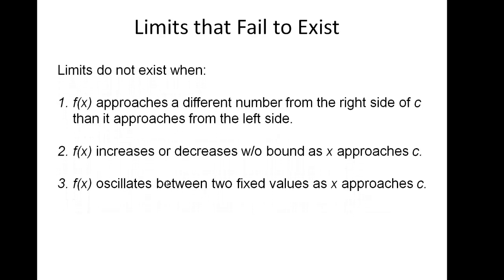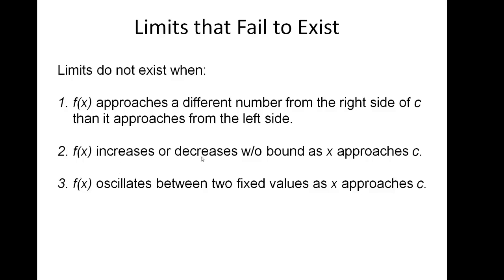So now let's look at limits that fail to exist. And there are 3 cases of when limits fail to exist. And we're going to look at each one of those cases. First, if it approaches a different number from the right side and approaches a different number from the left side, 2 different numbers from the right and left sides as we approach c, the limit doesn't exist.